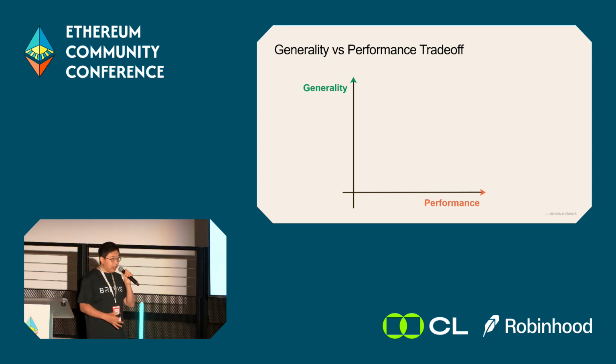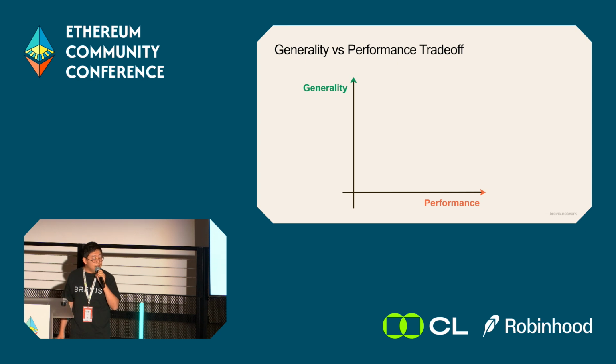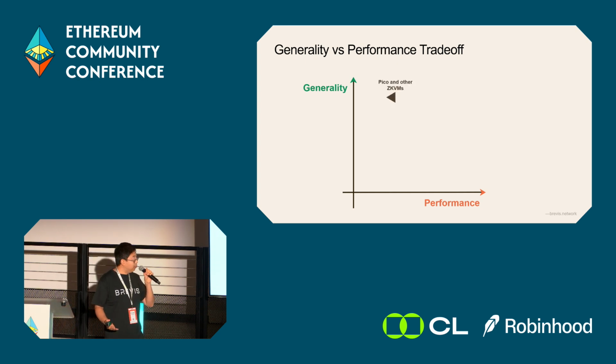So we talked about how Pico is very general and can be used in any kind of application use case. But we all know that in computer systems, it's all about trade-off design, right? We have extremely high generality for Pico VM, as with many other zkVMs.